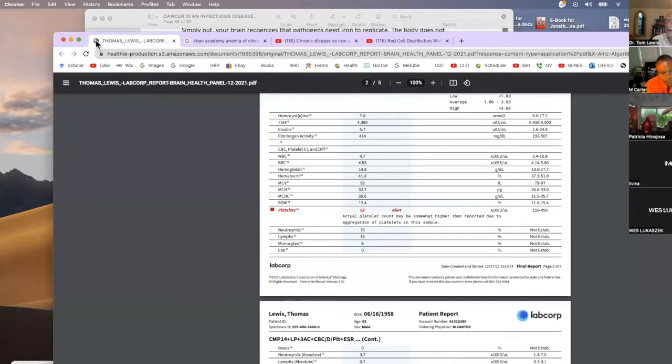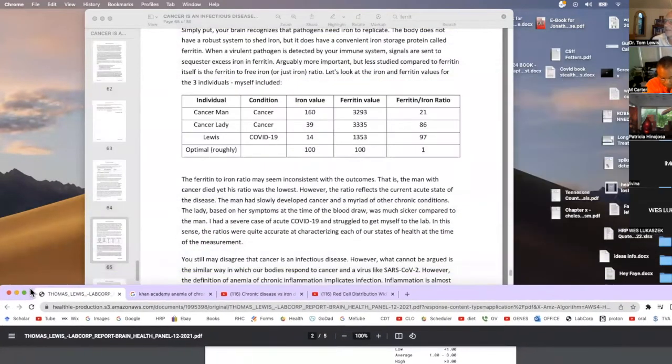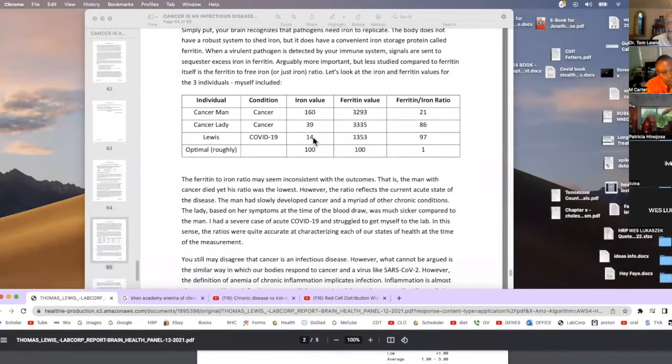Yet my iron value is 14. That's why I was so tired. Ferritin, 1,300. So we need it. We can't just run lipid panels and A1C. I think that's the point. I was shocked. I totally forgot what my white blood cell counts were. 4,700 is normal. It's normal.